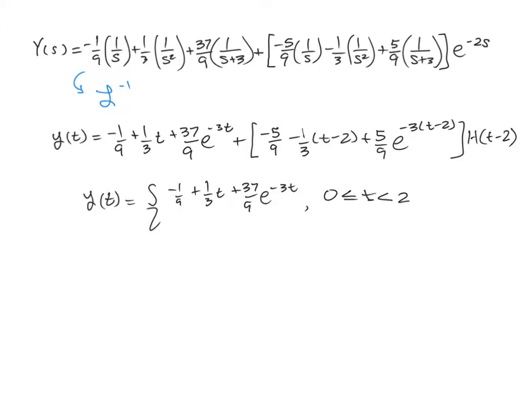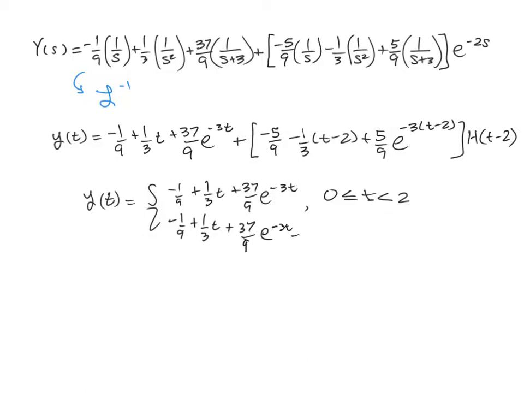For the second piece, however, it's going to still have that first piece because it's always part of the solution. And then for the second piece, our Heaviside takes on a value of 1. So now we're going to have those terms as well.